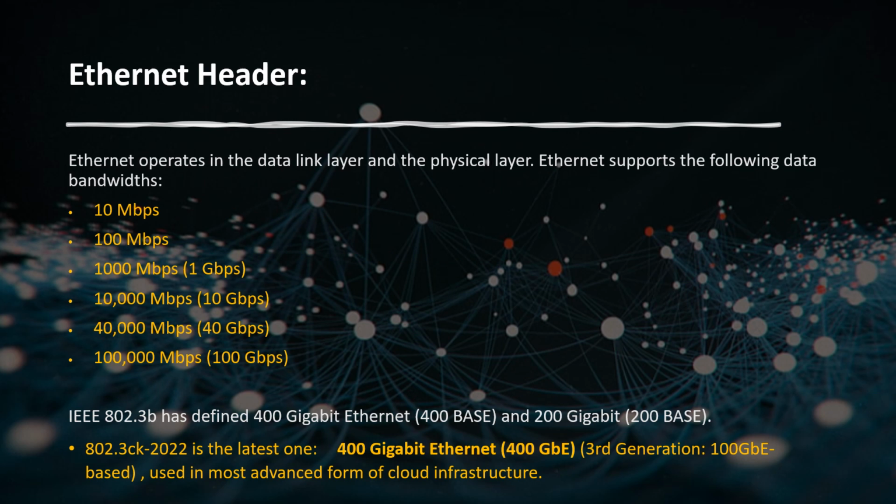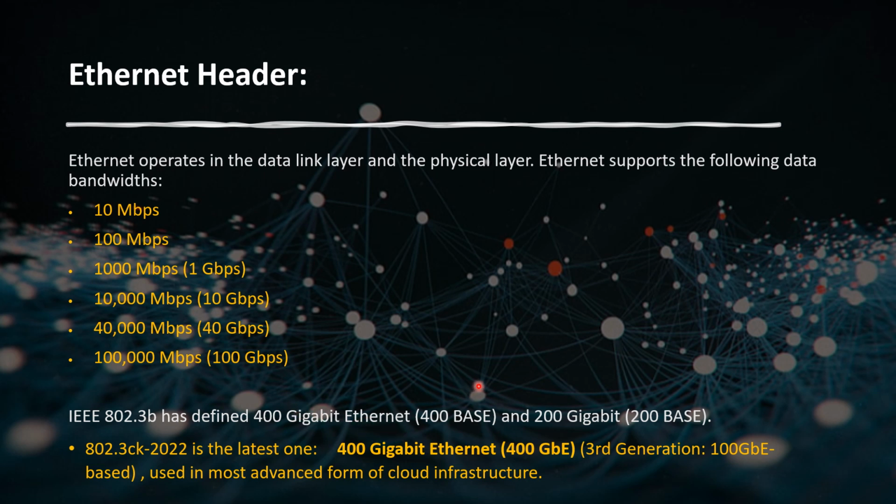As we know, in the market we have different Ethernet cables like coaxial cable, twisted pair cable, and fiber optic cable. Coaxial cable supports 10 megabits per second and 100 megabits per second, and fiber optics starts from 100 megabits per second up to 100 gigabits per second, and nowadays it supports 400 gigabits per second.